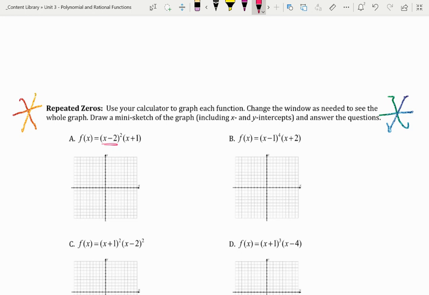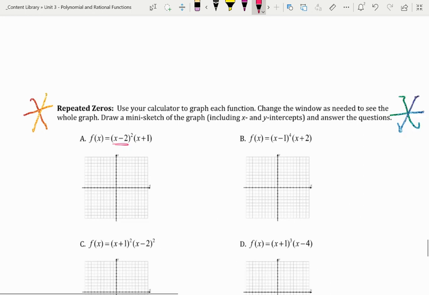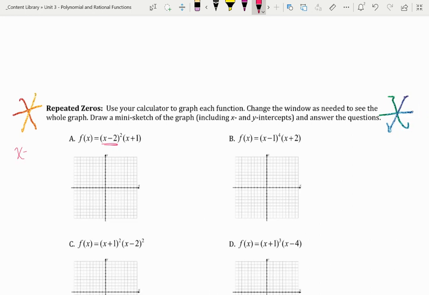So we say, okay, well, x minus 2 squared equals 0. You're going to square root to get rid of that square. So you get x minus 2 equals 0, right? And then add 2 to both sides. X equals 2. Now, what that means is that there's going to be a bounce there, okay?